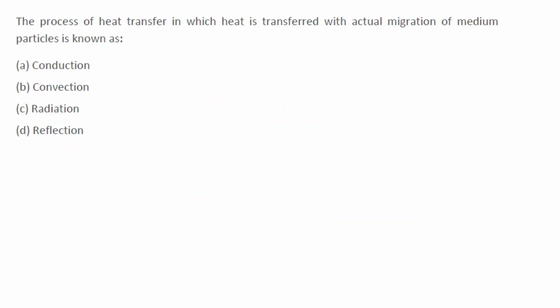Now the next question: the process of heat transfer in which heat is transferred with actual migration of medium particles is known as what? So in which of these heat transfer processes does actual migration of medium particles happen? So what is conduction?